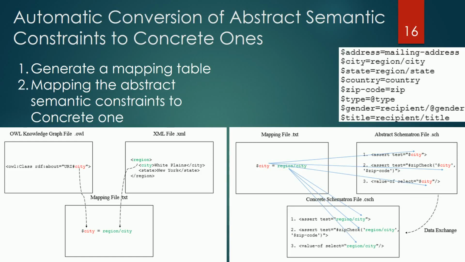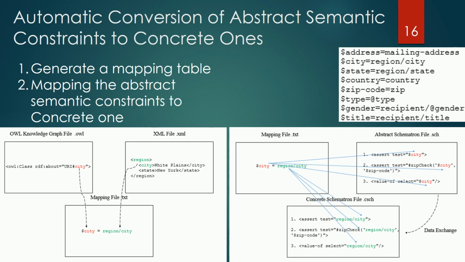The second subproblem is automatic conversion of abstract semantic constraints to concrete ones. This process includes 2 steps: generate a mapping table and map the abstract semantic constraints to concrete ones. The mapping table is typically a simple text file containing name-value pairs separated by an equal sign.